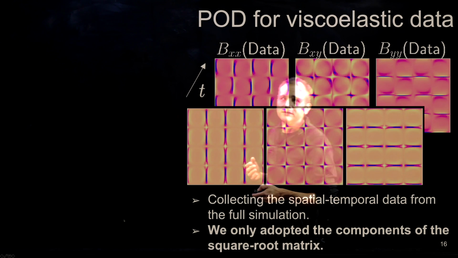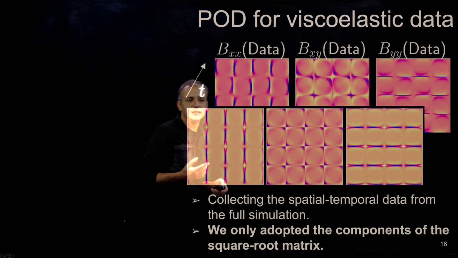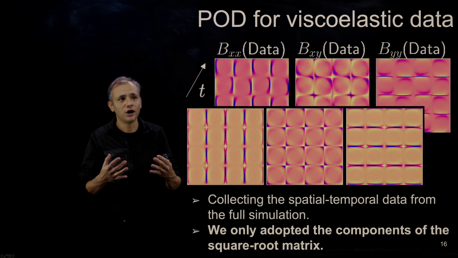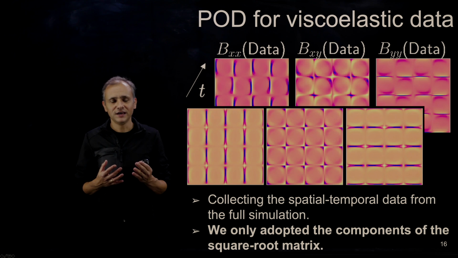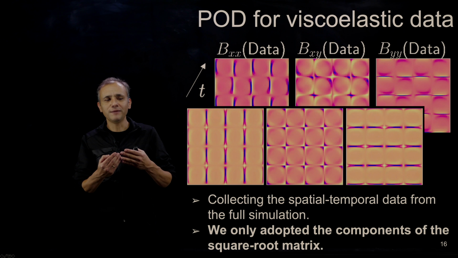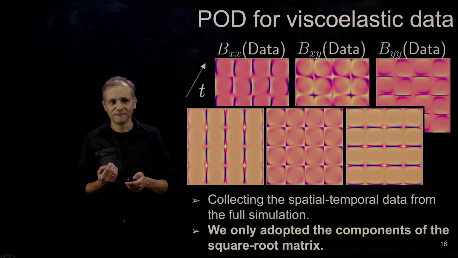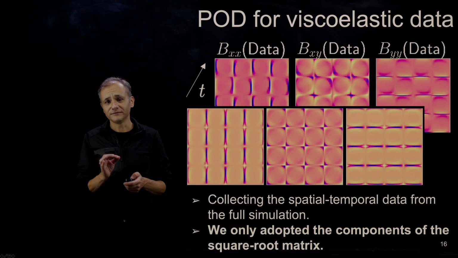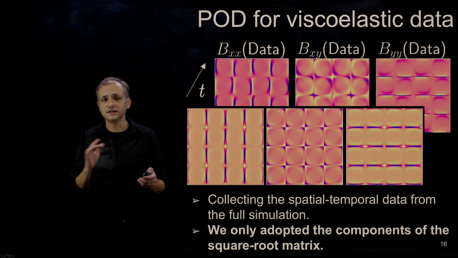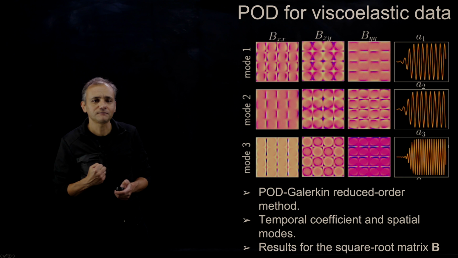Okay, the first step in our algorithm is to produce some information about the tensor B, and then we apply the proper orthogonal decomposition, capturing snapshots in time. We are just using the tensor B because we are considering low Reynolds number flows, and then the velocity in this case is not considered to extract the data.